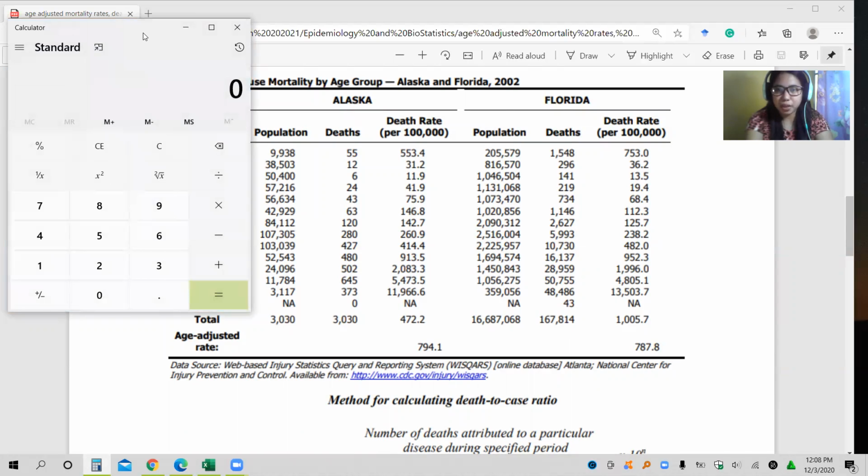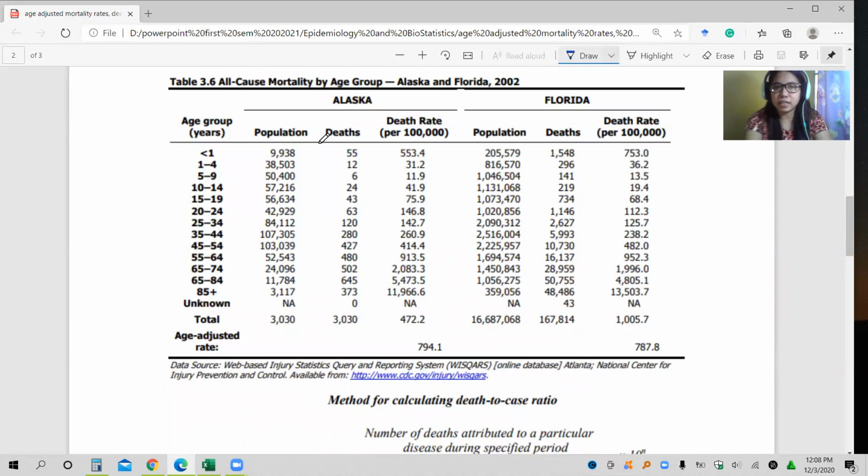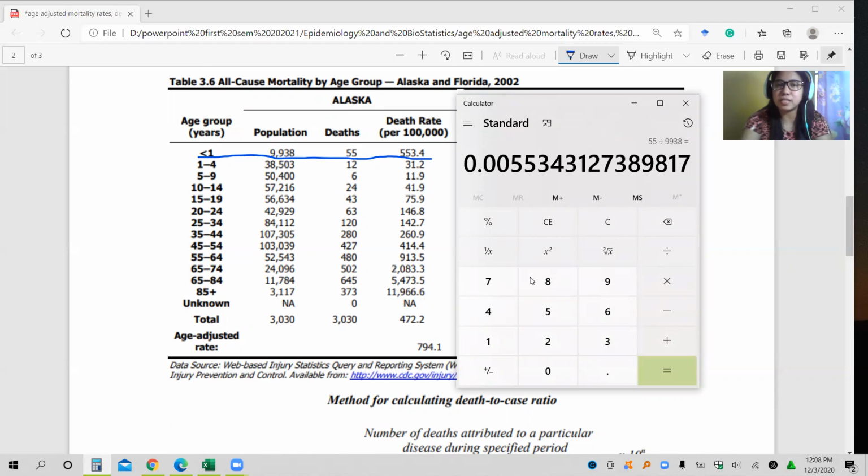So for example here, let us consider less than 1. So this value, how did we obtain 553.4? To compute that, we will simply divide 55 over 9,938 is equal to this value.